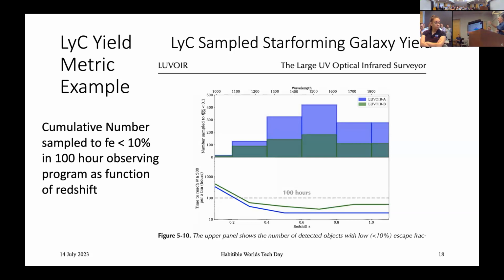And you can tweak your reflectivities and the resolution of your spectrographs, and the design of the astigmatism and all those good things. And you can carry out these calculations for not only just Lyman continuum, but any kind of spectroscopic observation you want to choose.